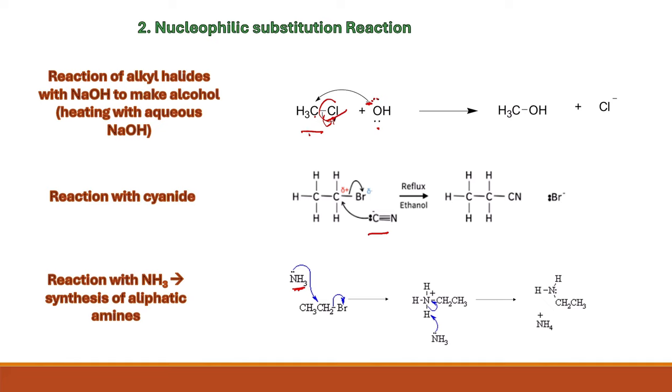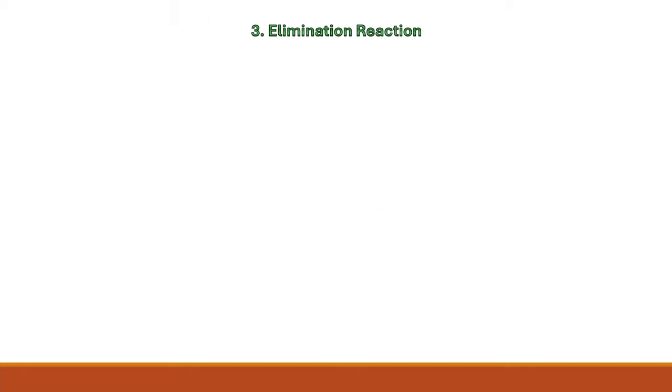Remember that the product here with ammonia is not going to be a pure primary amine, because the primary amine formed is again going to act as a nucleophile. So it's going to re-attack the alkyl halide, and that will give you secondary, and then you can also get the tertiary and the quaternary ammonium salt.